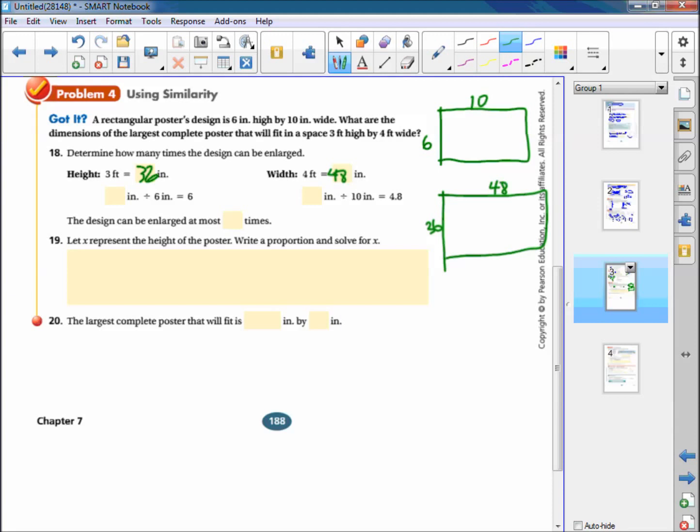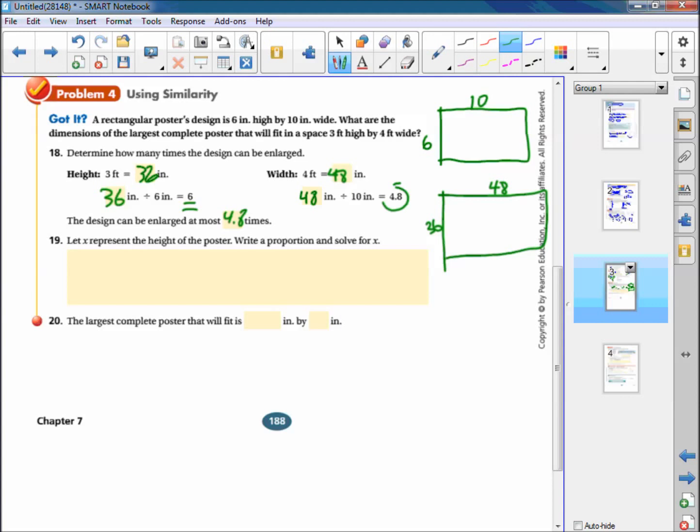Okay. And then we have up here, 36 inches divided by 6 will give us 6 that will fit in there. So we could take this and make this 6 bigger. Okay. And over here we have, let's see, 48 inches divided by 10 that way will give us 4.8 sideways that will fit. Okay, so the design can be at most 4.8 times bigger.